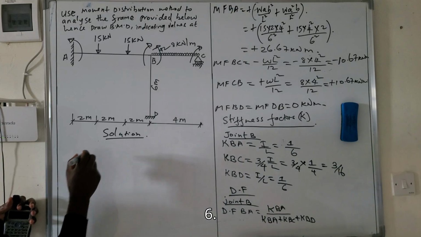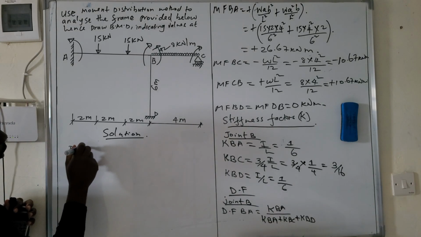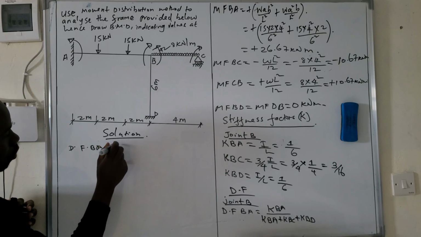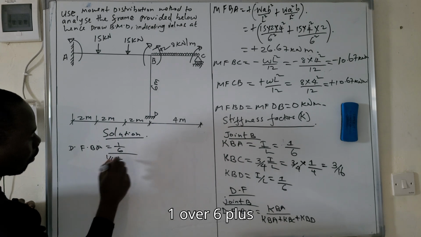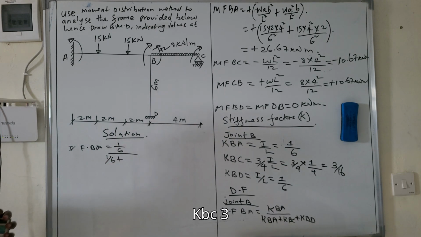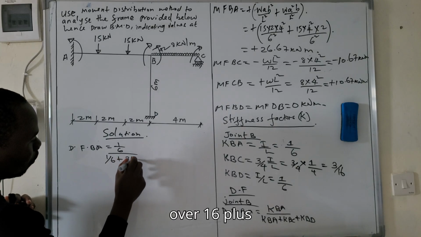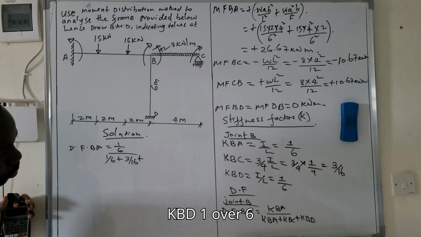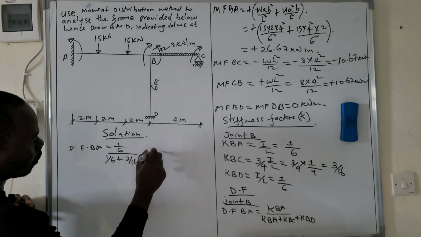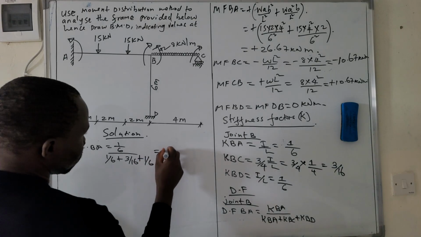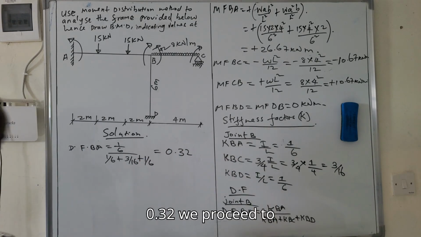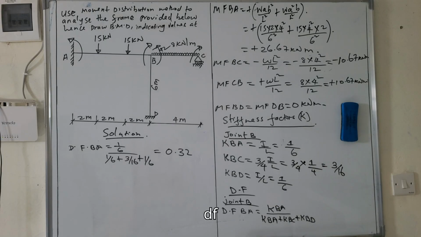KBA is 1 over 6, so 1 over 6 over 1 over 6 plus KBC 3 over 16 plus KBD 1 over 6. So our final DF will be 0.32.